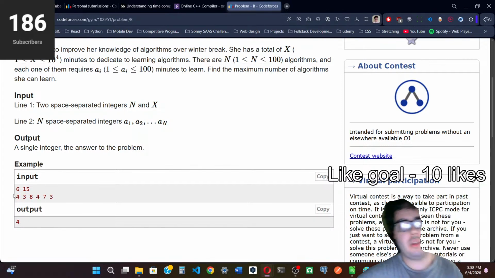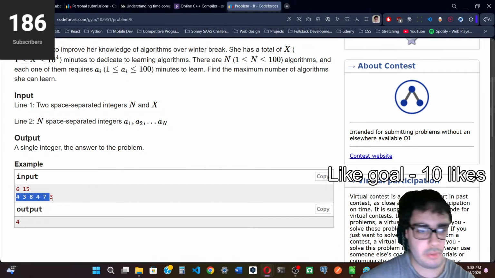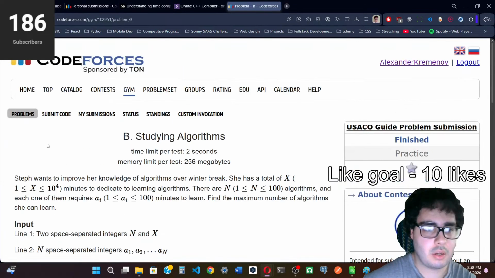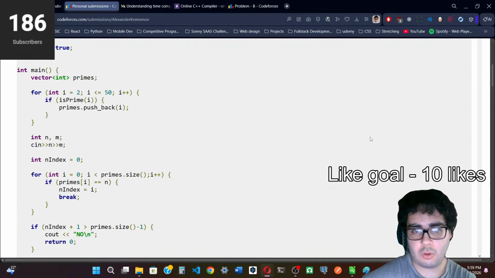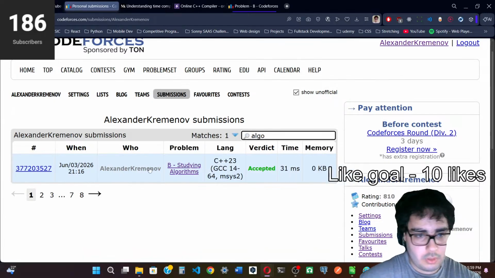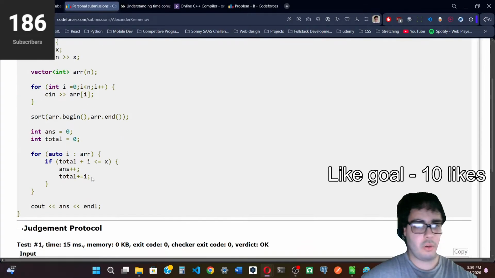So basically, again, this is solved by sorting this array and just adding to some sort of total and to a counter while the total is less than or equal to x. So if we look at the code, it's pretty simple.